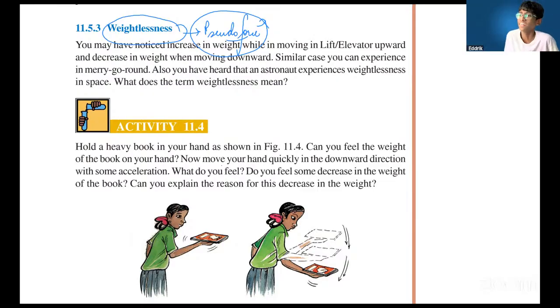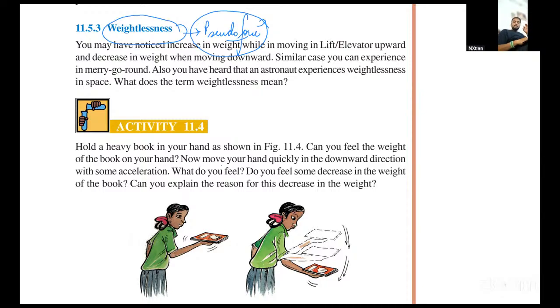It flies. So you will feel that the weight, which was like 2 kg or 1 kg, reduces because of the movement of your motion. That is called weightlessness or pseudo force.